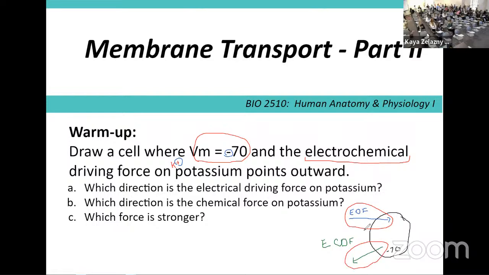If the EDF and the CDF were in the same direction, the electrochemical driving force would be pointing in as well. So we know that the chemical driving force has to be pointing out. And in fact, we know that it has to be stronger than the EDF because we're just adding and subtracting things. In this case, our chemical driving force points out, and it's the stronger one in this situation.